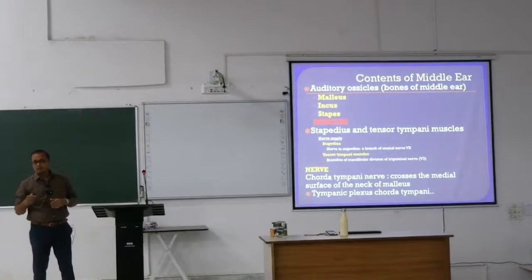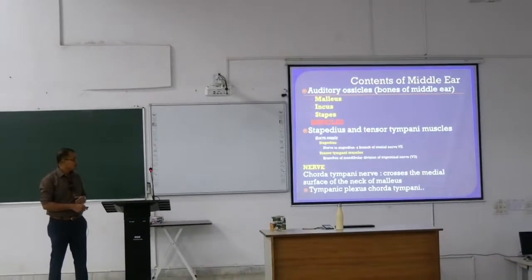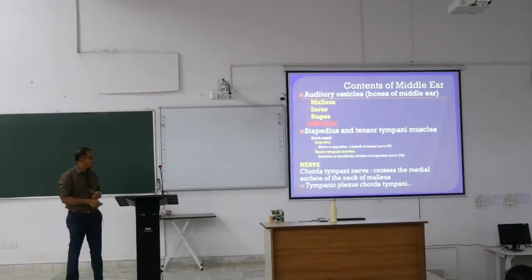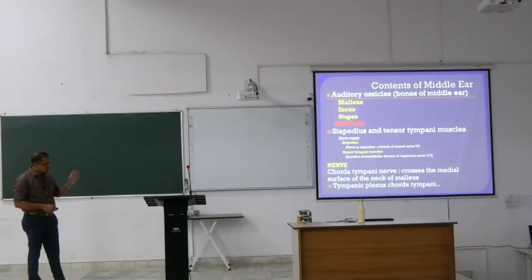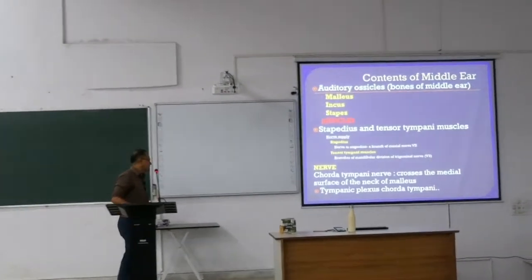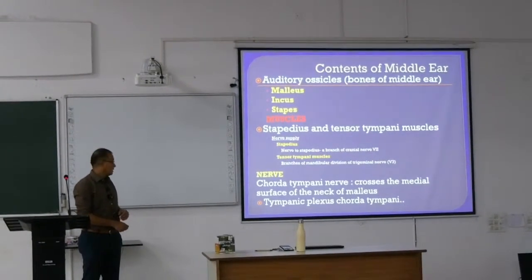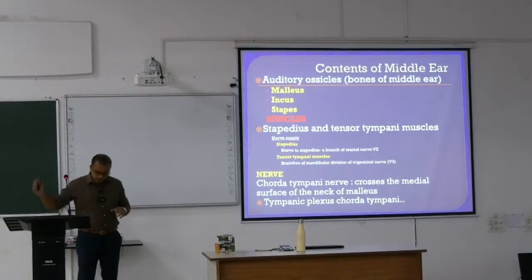The nerve supply of the stapedius is important and it is supplied by the facial nerve, which is cranial nerve 7, and the nerve supply of tensor tympani is also important. And among the nerves present in the middle ear, we have to know about the chorda tympani, which is an important branch.